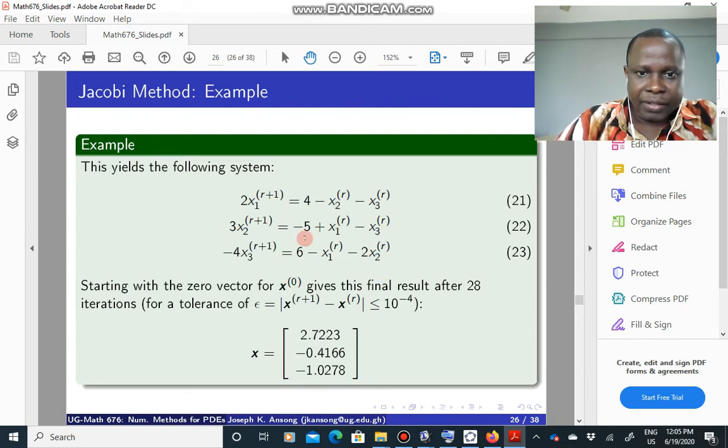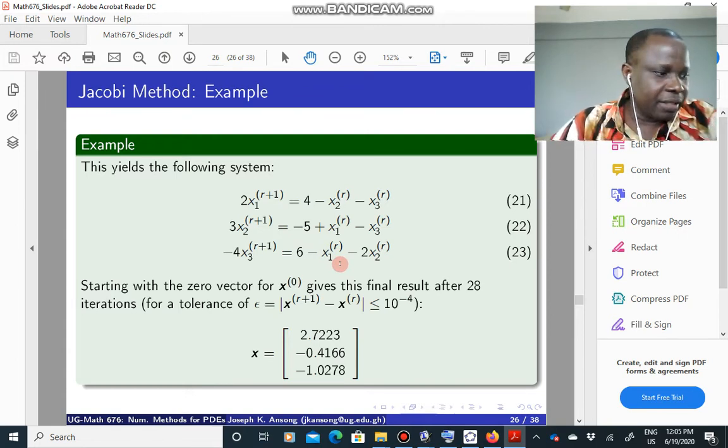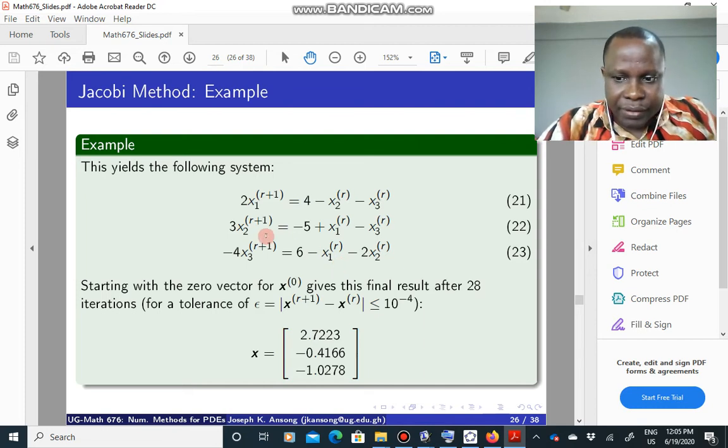Okay, so how the Gauss-Seidel method improves upon the Jacobi method is that after you solve this first equation for x1 at r plus 1, when you come to solving the second equation, you don't use x1 at r, because you already know the value at r plus 1.